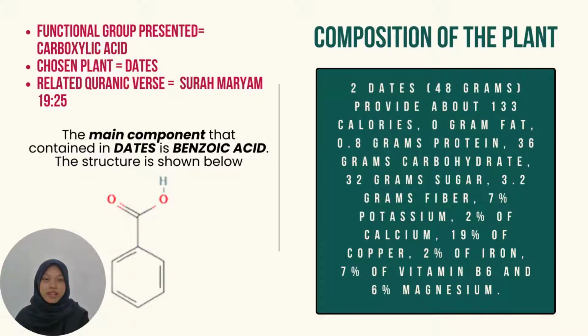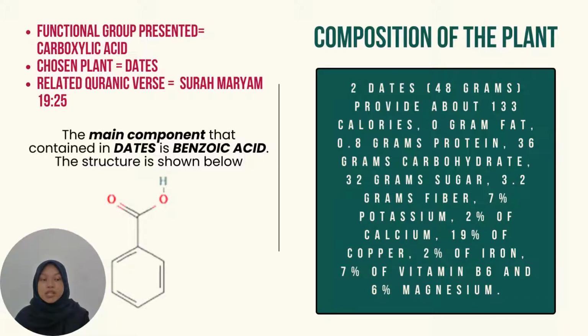The functional group presented by dates is carboxylic acid, and the main component contained in dates is benzoic acid. We can see the structure of benzoic acid as shown in the slide. And next, composition of the plant.